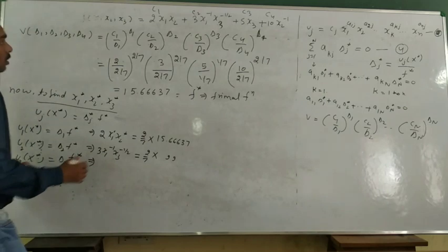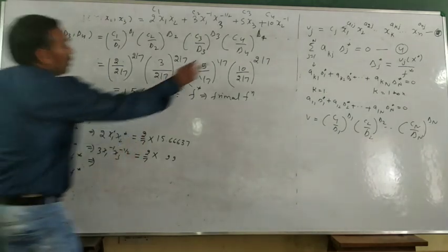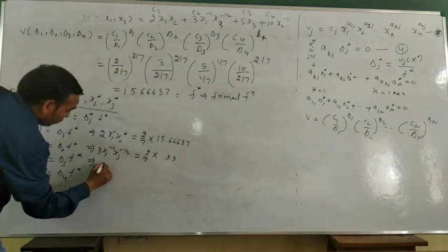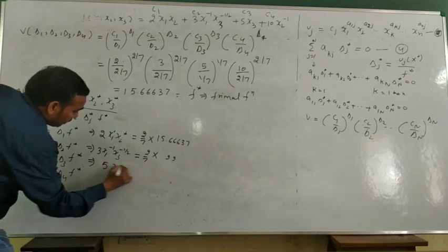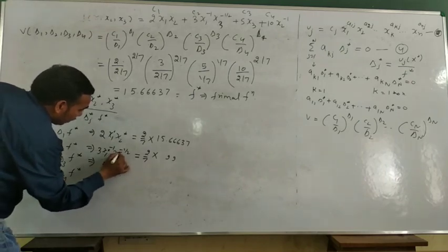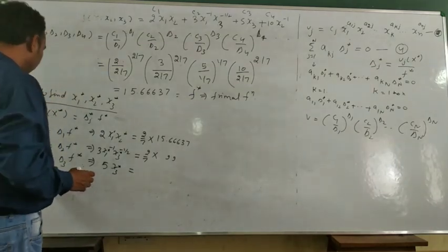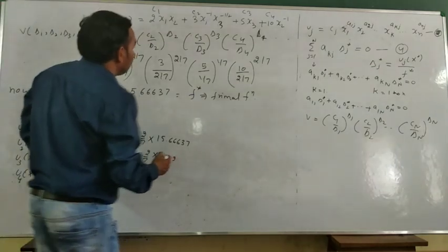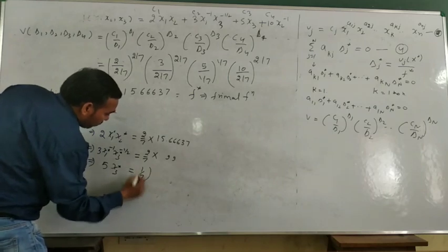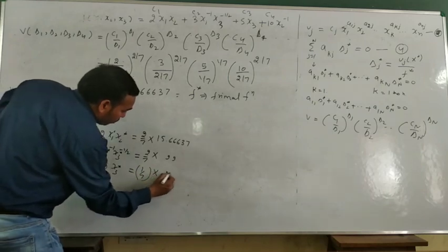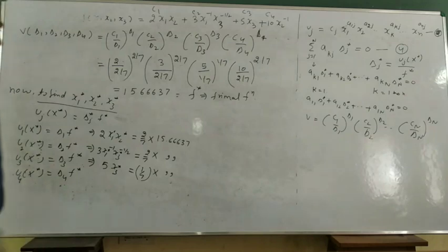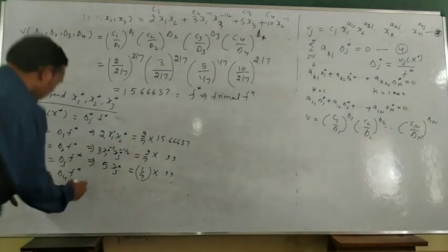Similarly u3 is 5 x3 star equals del 3, 1 upon 7 into 15.6637.